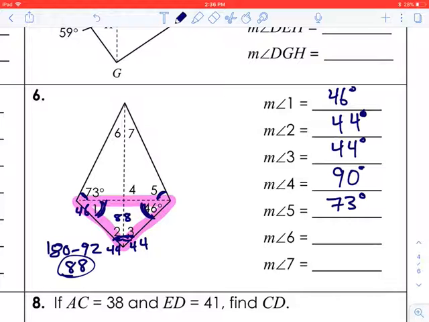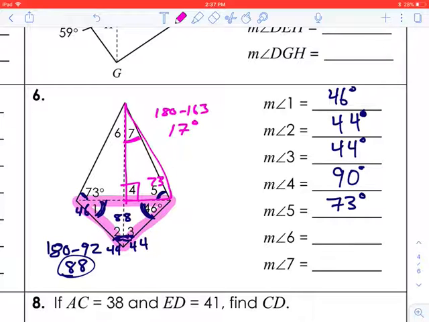And if 5 is 73, we can use all that information. So look at the triangle again that's made. 90 plus 73 is 163. So 180 minus 163 gives us 17. 17 degrees.